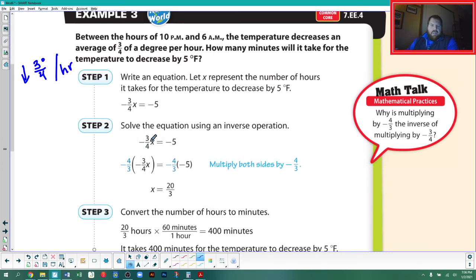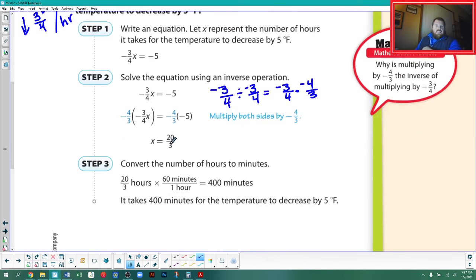So really what would happen here is that we'd have negative 3/4, and we would want to divide that by negative 3/4. But in order to do that, we keep, change, and flip to negative 4/3. Okay. And so you can just think about that when you're dealing with fractions. Instead of thinking about dividing it, we just want to multiply by the reciprocal.